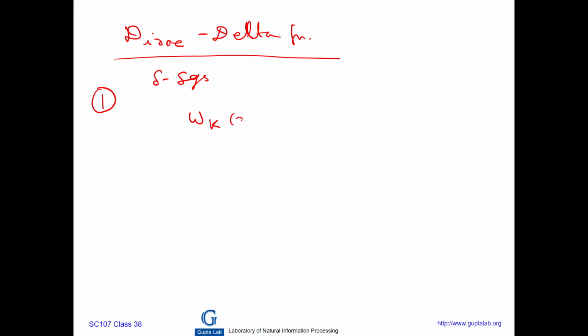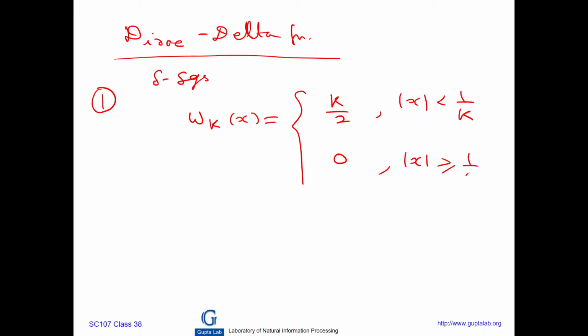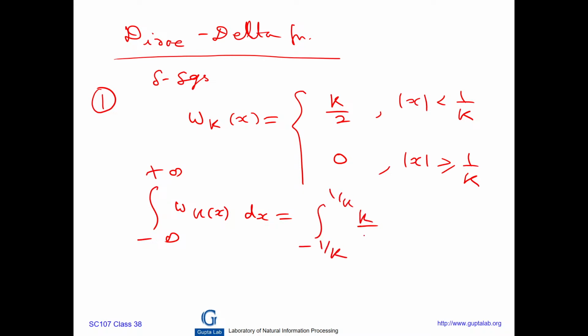Suppose there is a function omega k of x which is k by 2 whenever mod x is less than 1 by k, meaning x lies between minus 1 by k and 1 by k, and otherwise its value is 0. Suppose we define this function, then you can easily see that the integral from minus infinity to plus infinity of omega k of x dx is the integral from minus 1 by k to 1 by k of k by 2 dx, which is equal to 1.